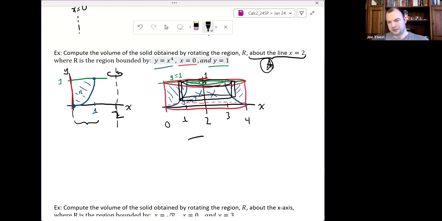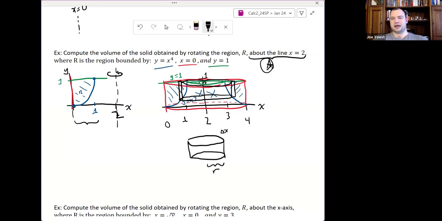So again, I see I have my shell. Thickness delta x. It's going to have a certain radius here. I'm just going to call it r.